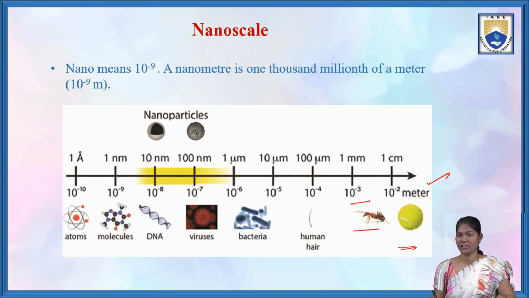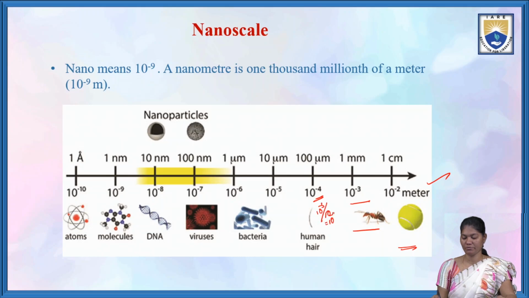Again dividing by 10, that is 10 power minus 4. This size, equal to 100 micrometers, is the thickness of a human hair.